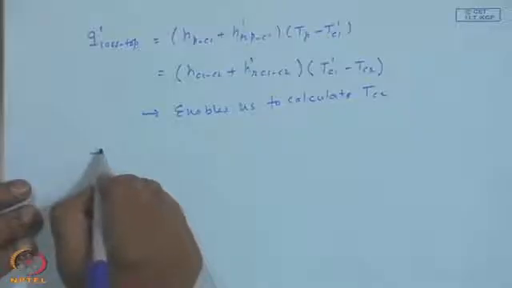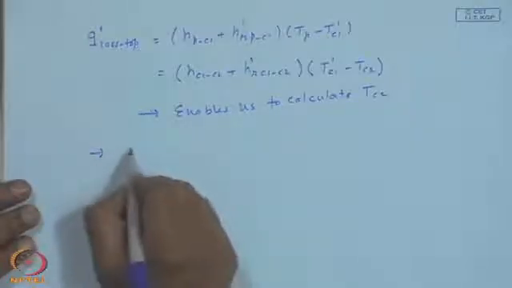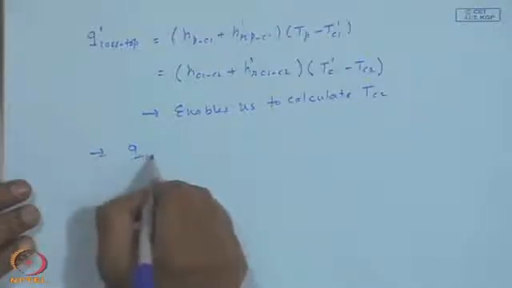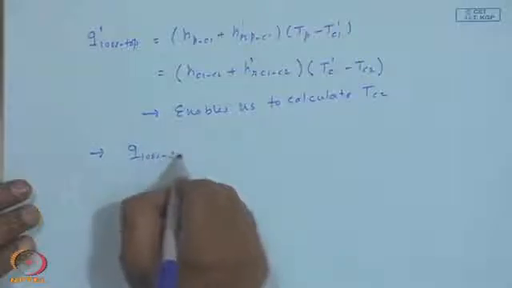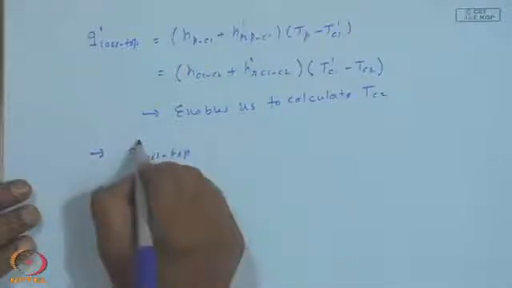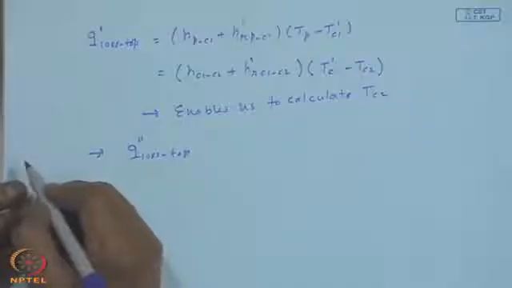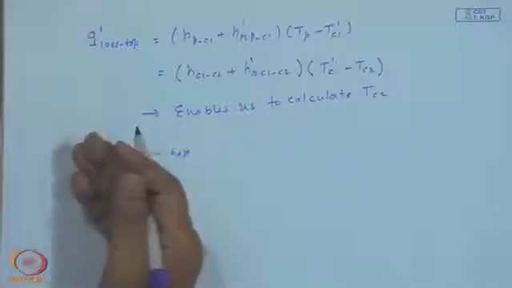Now, from this Q loss top 2, because Q loss 1 is T p to T c 1 1, which we have guessed, the same amount of energy should be going from cover 1 to cover 2.